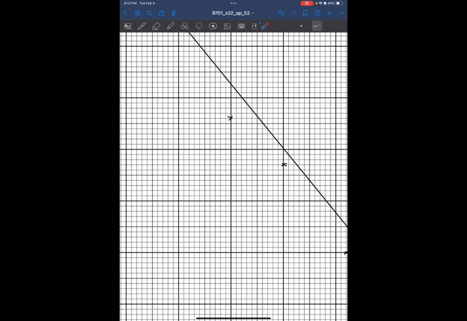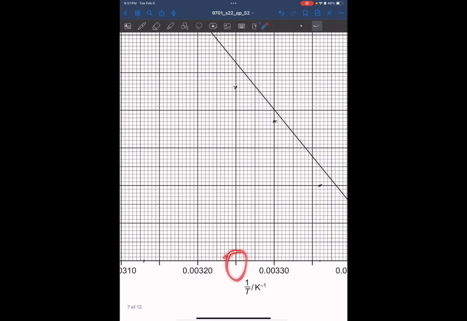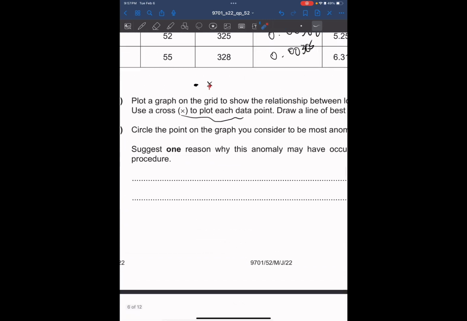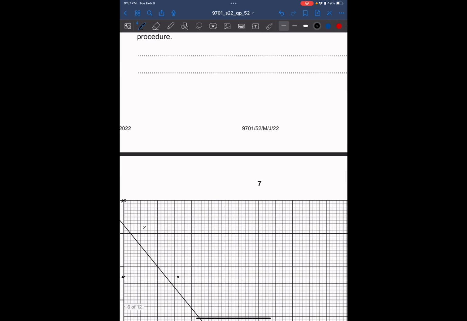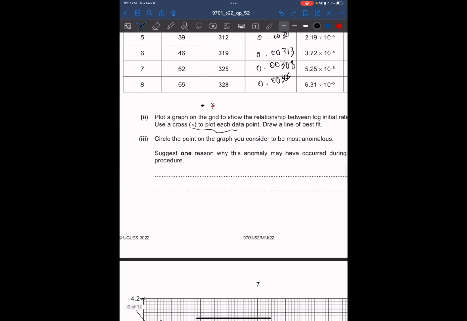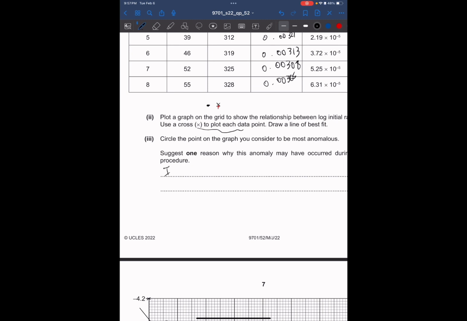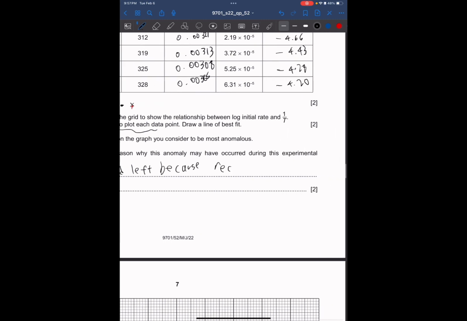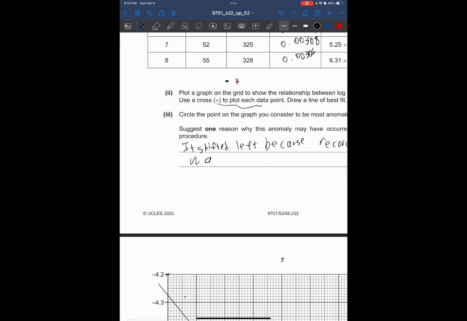The recorded temperature was bigger, so that shifts its value to the left because it's now smaller. So that's actually going to be our answer, I think. That's our anomalous point, and we're going to say it shifted left because recorded temperature was higher than actual temp.